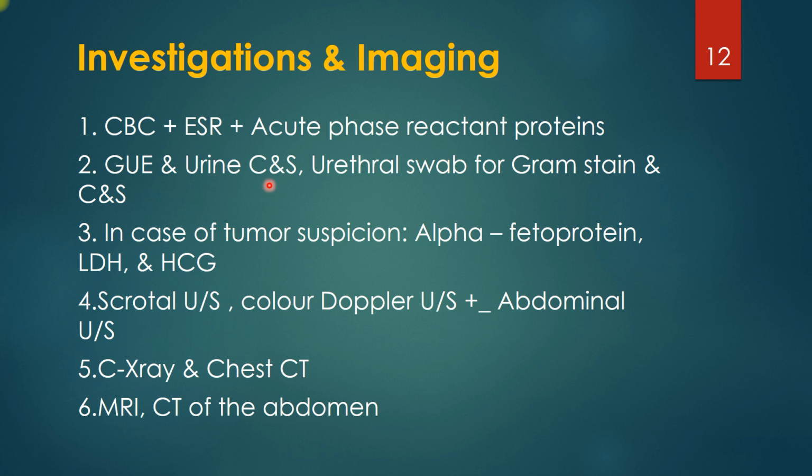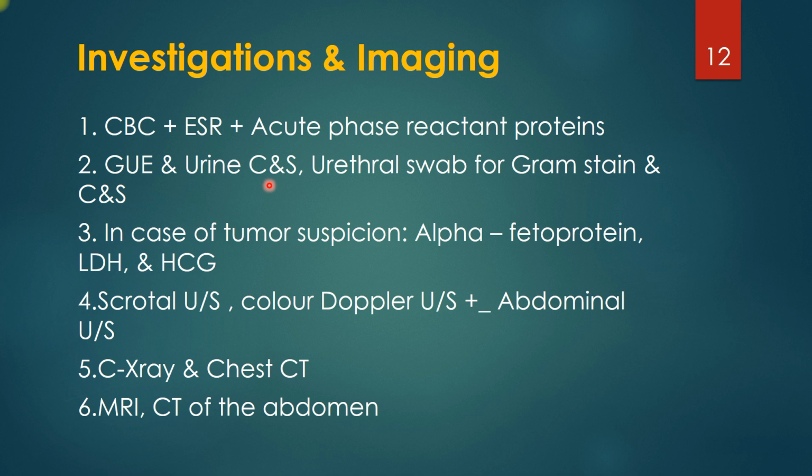In case of tumor suspicion, you have to send the patient for tumor markers: alpha fetoprotein, lactate dehydrogenase, and human chorionic gonadotropin. Scrotal ultrasound is of great importance. Color Doppler ultrasound in case of torsion and varicocele, abdominal ultrasound, and you might need chest X-ray, chest CT, abdominal CT if you suspect a metastasis from testicular tumor.